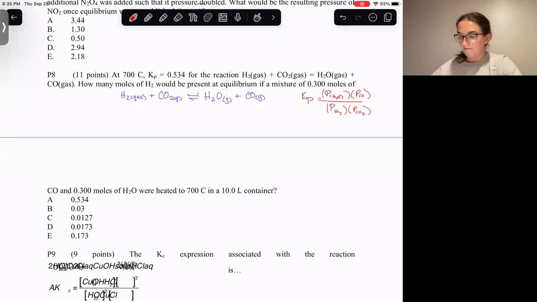Great. Again, this is still products over reactants, so we have our products of our gases over our reactants of our gases. Then the next thing to ask is, what do we know? What do we have given from our formula? We're given Kp, but what are we given from our question? What units?